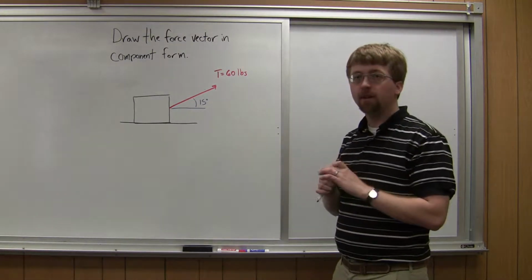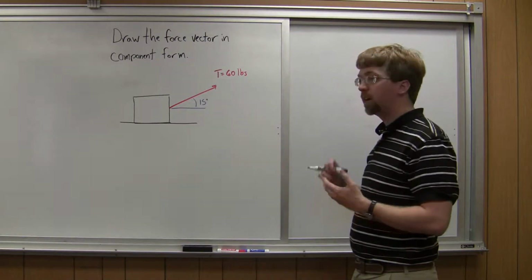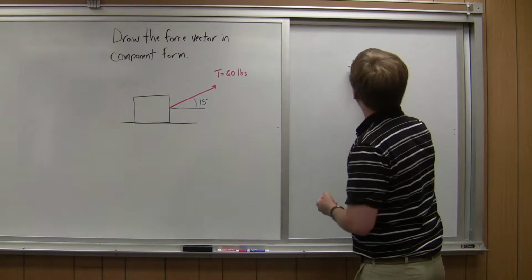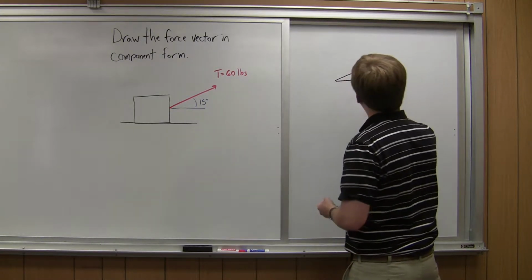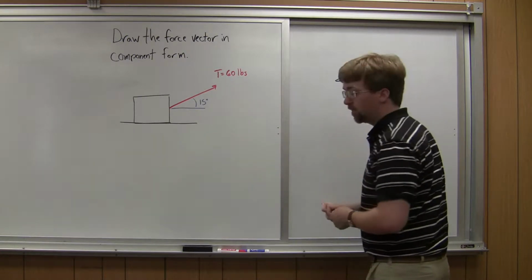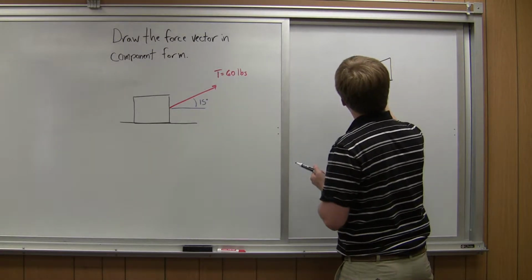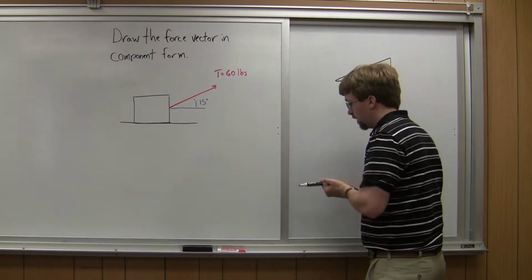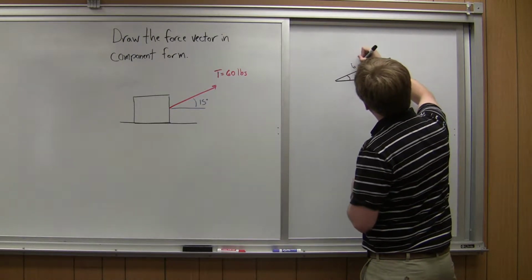So the first step in this, with any point force or vector calculations, I usually draw out the triangles. So I've got a triangle here. It's going to be a right triangle, and I know that the angle here is going to be 15 degrees. I know that the hypotenuse of my triangle is going to be 60 pounds.